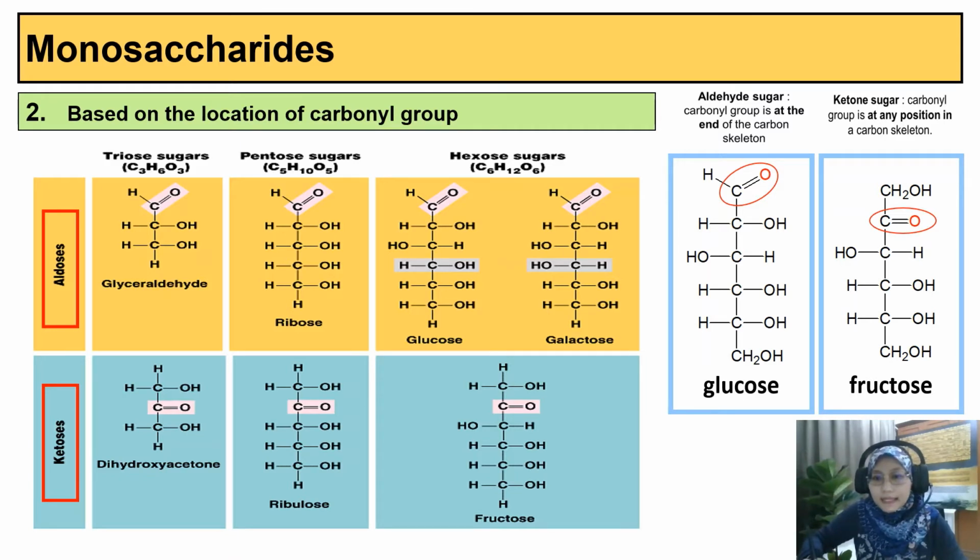Glucose and galactose, also known as enantiomer, or we call it stereoisomer, which means galactose become the mirror image of glucose, or glucose become the mirror image of galactose, but only for carbon number 4.